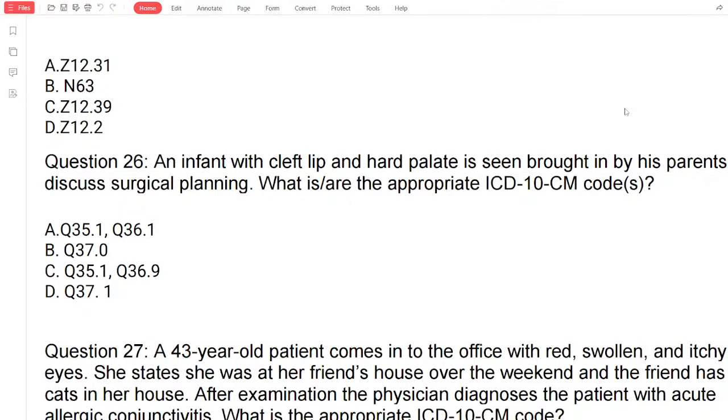Mahesh? No, actually, check the code. Cleft lip and hard palate. Is there any combined code for cleft lip and hard palate?